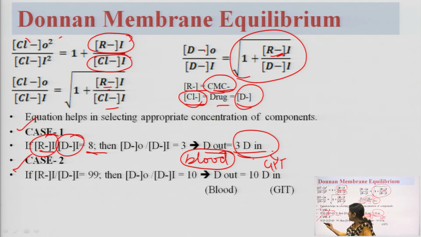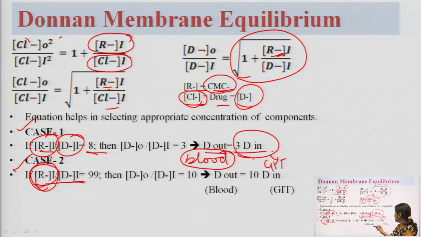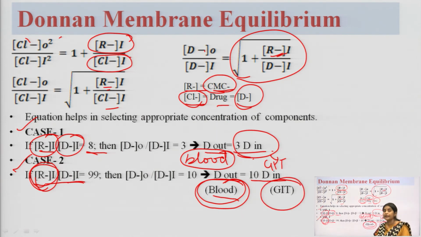But if we increase the concentration of this anionic non-diffusible polyelectrolyte in the GIT, then see, the ratio of these two is 99, and here we can see the amount of drug which will be absorbed and get into the blood is 10 times the concentration present in your GIT.